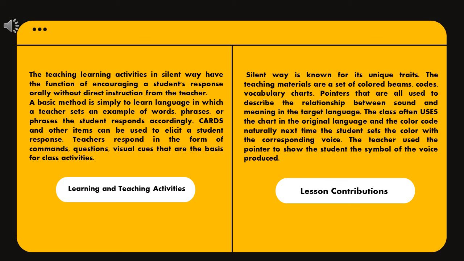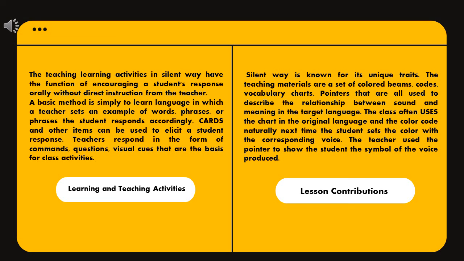The student responds accordingly. Cards and other items can be used to elicit a student response. Teacher responses in the form of commands, questions, and visual cues are the basis of the class activities.